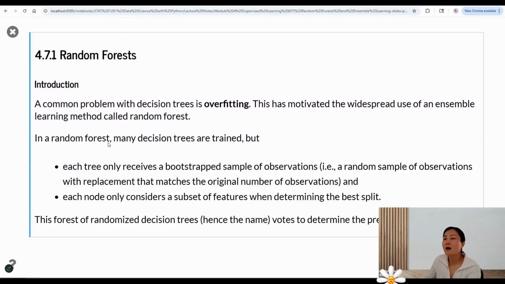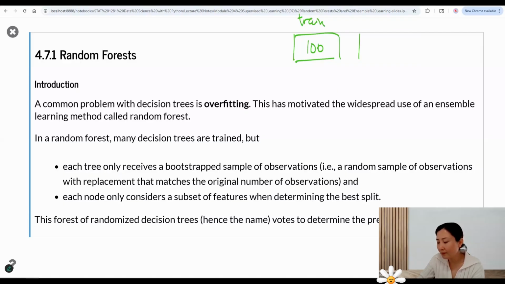Let's see how to construct a random forest. In a random forest, many decision trees are trained, but each tree only receives a bootstrapped sample of the observations. The first step is to do bootstrap: sample rows from the training set with replacement. For example, suppose originally the training set has 100 observations.